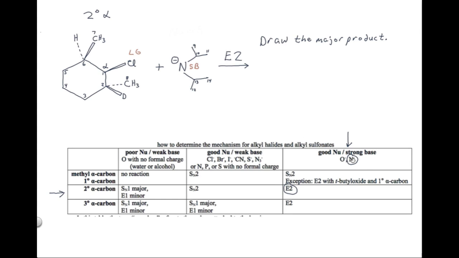Remember, there's a huge difference between N- and neutral nitrogen. Neutral nitrogen would put us in the middle column. Negative nitrogen puts us in the right-hand column. Also, don't confuse N- with N3-. Notice that N3- would again put us in the middle column of the table. But an ordinary N-, like we have on this problem, puts us in the right-hand column of the table.